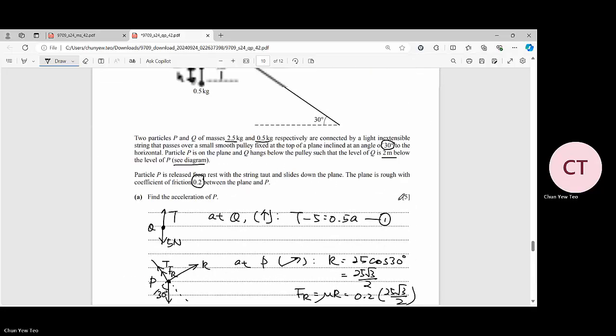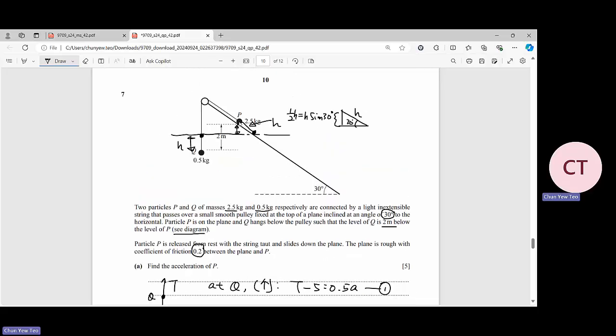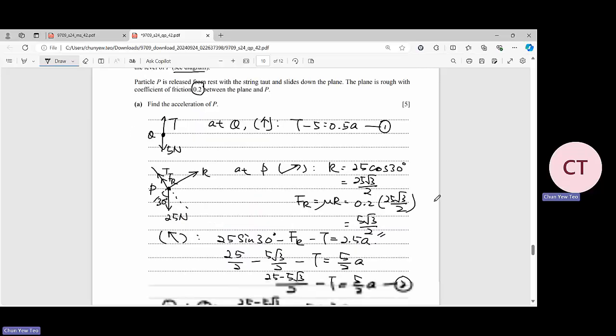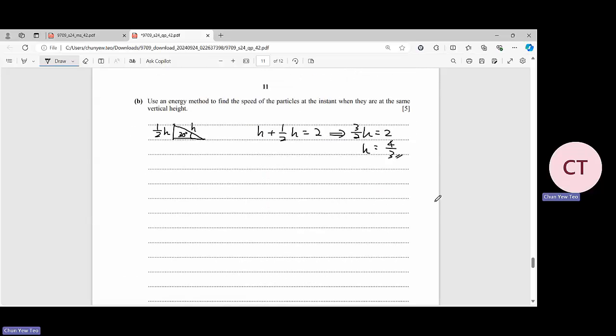Okay. So because this height over here is half of the h, and the height over here is h, added together the total must be 2 meters. Therefore, you get h as 4 over 3. So in order to use the energy method, this situation is a bit complicated because you have two particles moving at the same time.